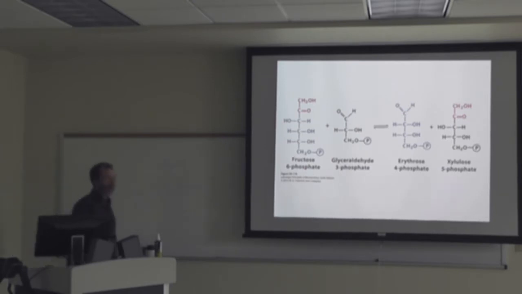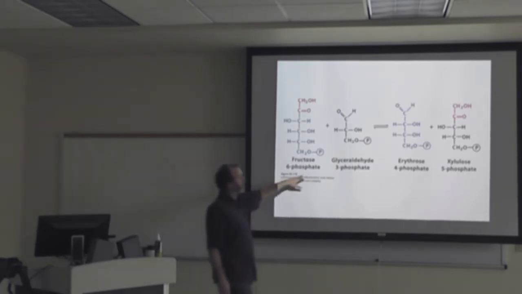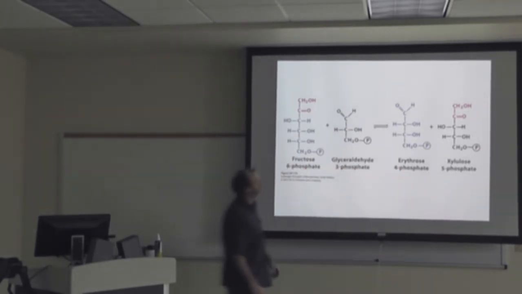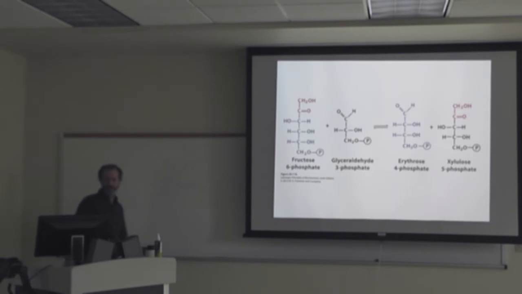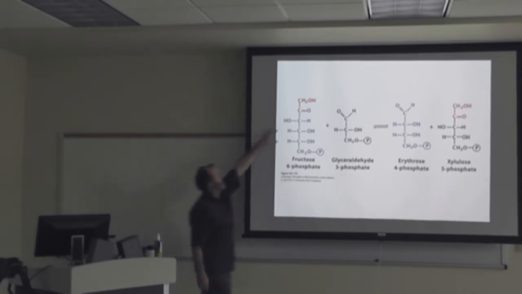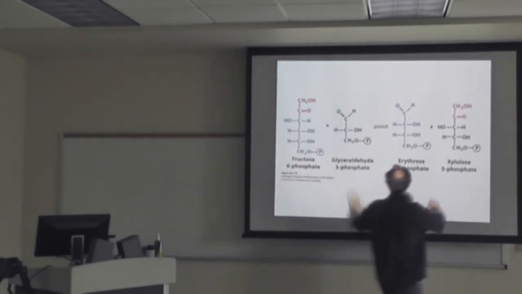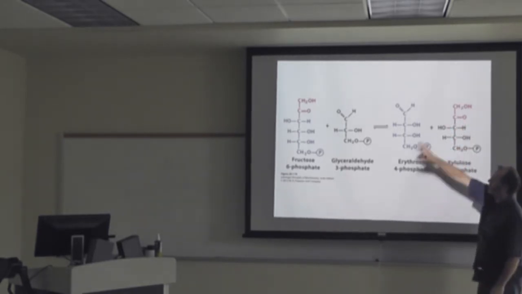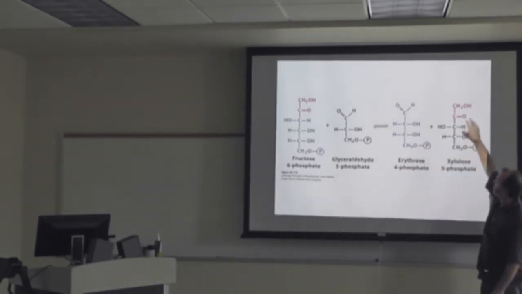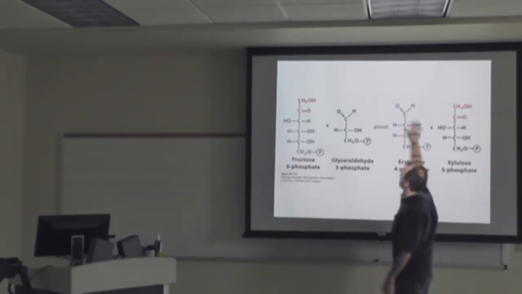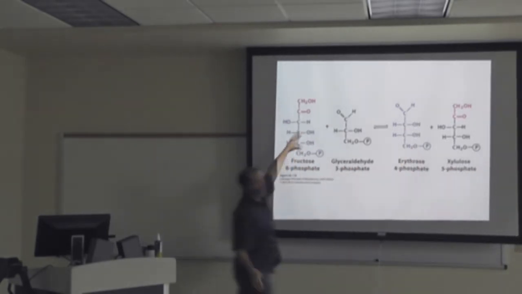Fructose 6-phosphate and glyceraldehyde 3-phosphate are then used to make erythrose 4-phosphate and xylulose 5-phosphate. So an example of another transketolase reaction, right? So we've taken the ketose from fructose 6-phosphate and donated it to the glyceraldehyde 3-phosphate, producing xylulose 5-phosphate, and erythrose is the remaining part of the fructose that was there.